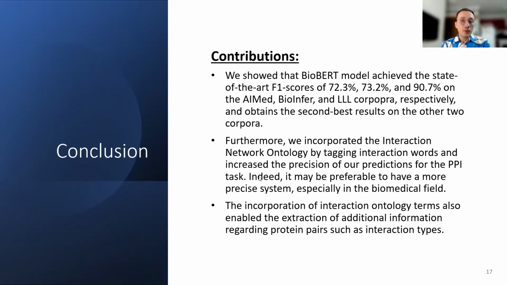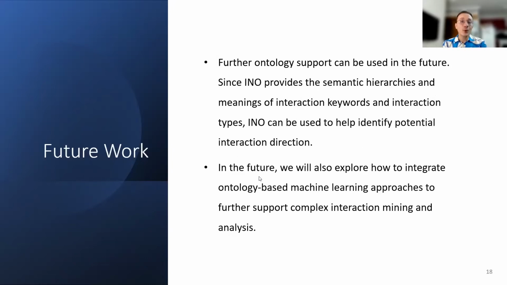And the incorporation of INO also enabled additional information regarding protein pairs, such as interaction types. So in the future, we would like to add further ontology support into our study.